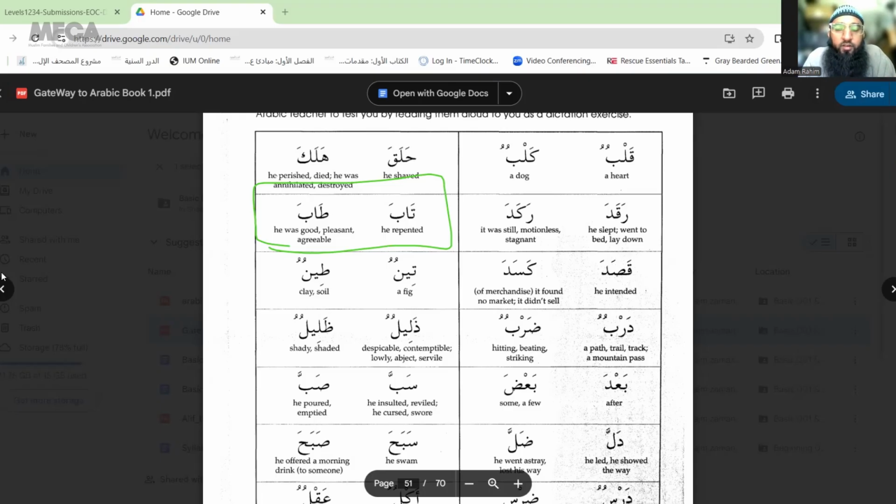The pronunciation of these letters is nice, but you're adding an extra ha. It sounds like you're pronouncing it as if there's a ha with a sukoon here. You're saying taba. Just try to say it without adding that extra ha sound with the sukoon. Try that one more time. Okay, much better, but you still come with it, so I think it will come with time, inshallah.